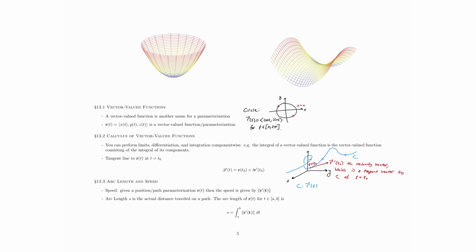So now, effectively, this vector is the direction vector of the tangent line. We already talked about lines, parameterizations of lines in general.